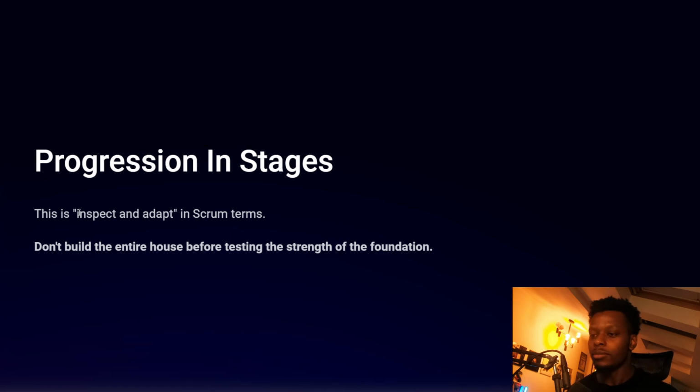And the whole idea about that is just don't build the entire house before testing the strength of the foundation. So keep that in mind when you're building these automations, because the total time that you will spend making an automation will be longer, even if you have a copy and paste version of 90% of that automation. Because you can copy that entire automation and then have 5 or 6 things go wrong with what you've copied and pasted over, which may frustrate you to a point where you'll just remove the entire thing and then make it from scratch.